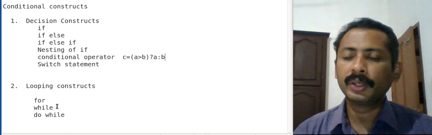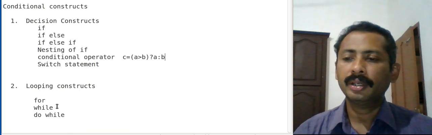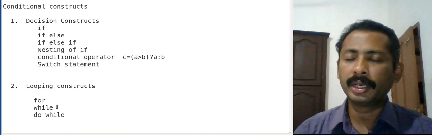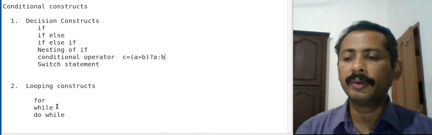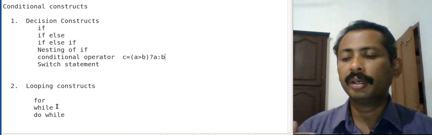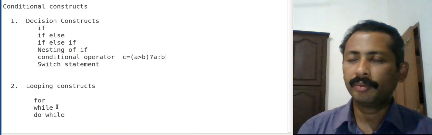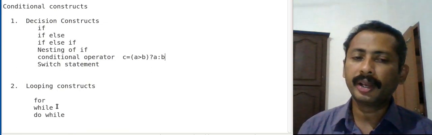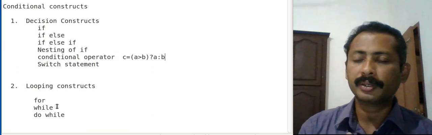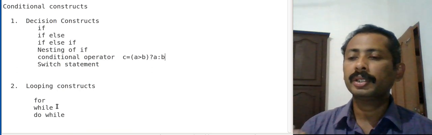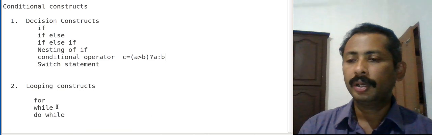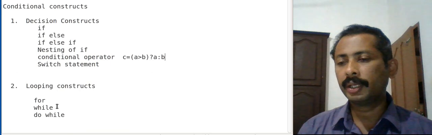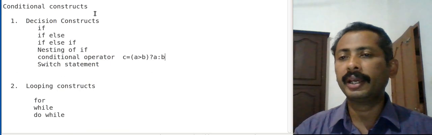If I want to execute a statement 5 times, I can instruct the program to do it 5 times using a loop. I will be using a loop variable for counting: for i equal to 0, i less than 5, i plus plus. That means I am counting 0, 1, 2, 3 and 4. That is the use of looping constructs, for executing the statements again and again.